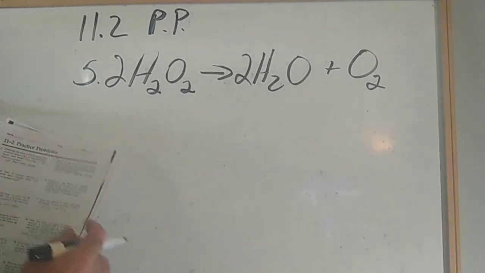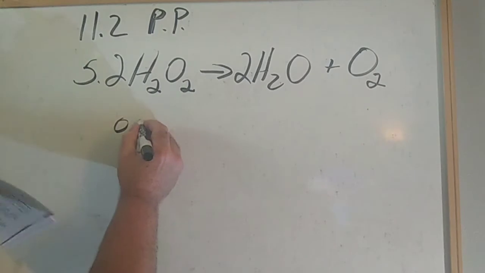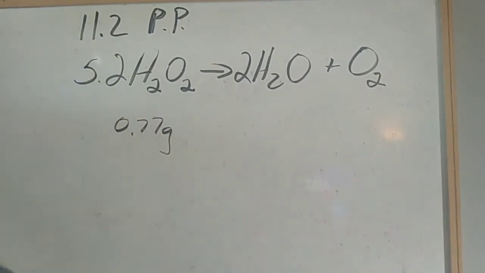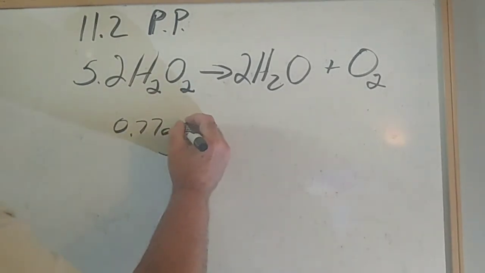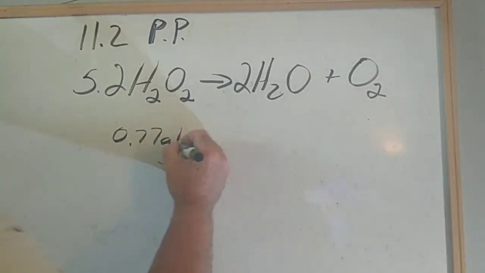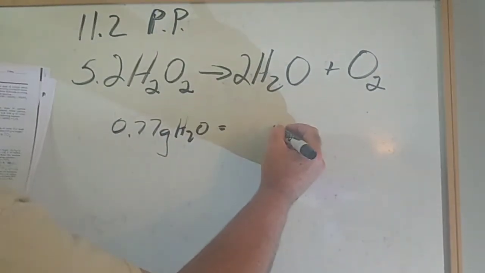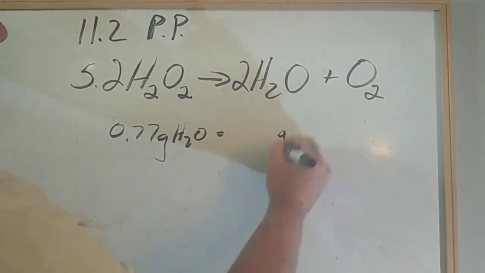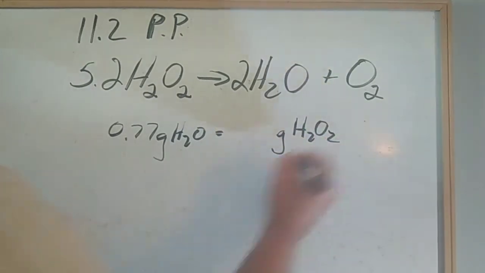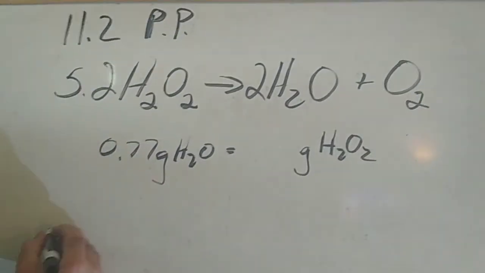Once it's balanced, we can then solve the problem on number 5, which is taking 0.77 grams of H2O and converting that into grams of H2O2. So this is a gram to gram problem, just like we did in the mole problems in chapter 10.